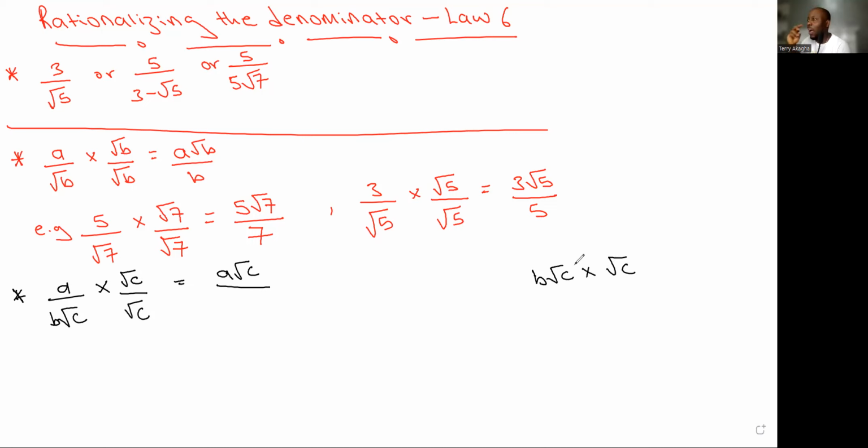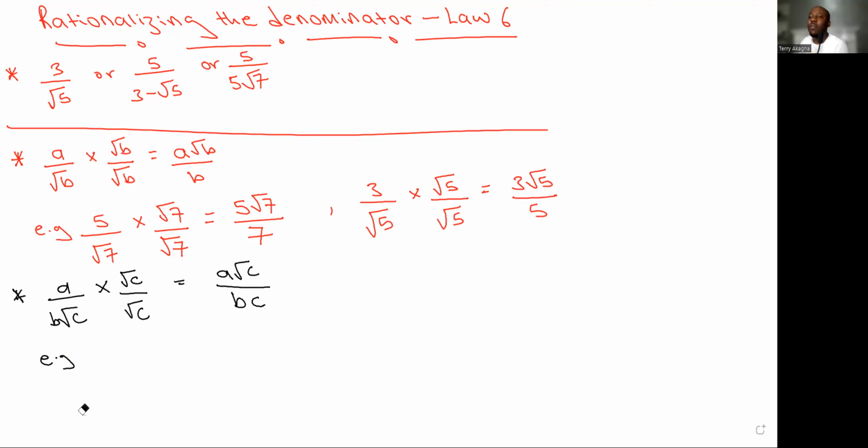I told you when you have this, it will be b times 1. There's an invisible 1 here, right? So b times 1 gives you b, and root c times root c gives you c. So it gives you what? bc.